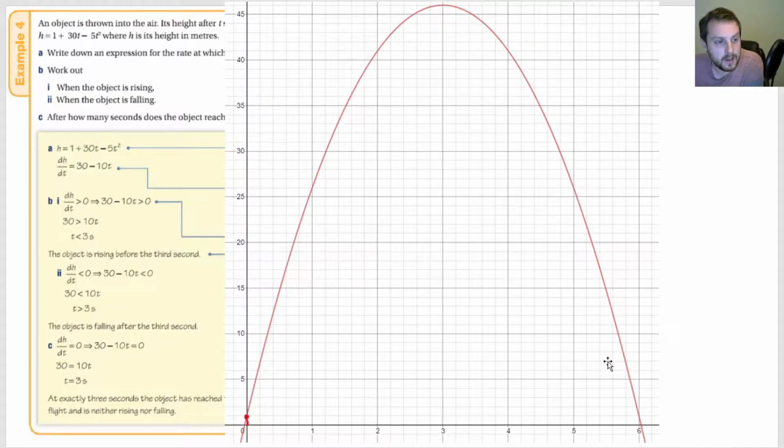Motion under gravity, by the way, is very typically modeled using a parabola, so using a quadratic function. It's not quite right for real life, because you would have some air resistance, like some wind, so it wouldn't follow this exact trajectory. But a lot of the time, it's a really good approximation of anything that is kicked.